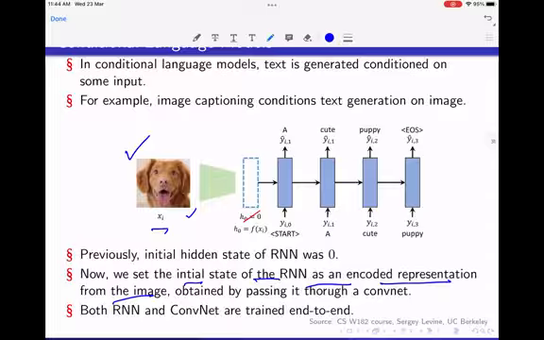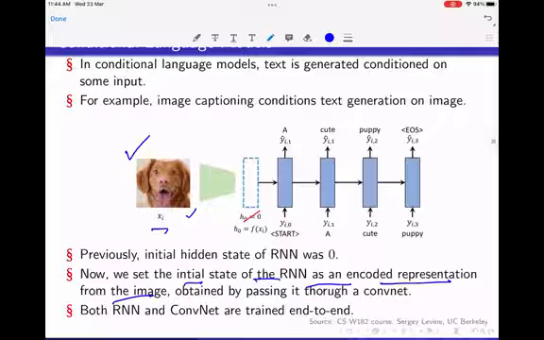Anyway, you pass it through a convnet, and of course you don't take the last layer output, that is the classification output, but somewhere in between, maybe the last conv layer, even the third conv layer, or the first fully connected layer, if it has fully connected layers. From that convnet you take the encoded representation of the image.